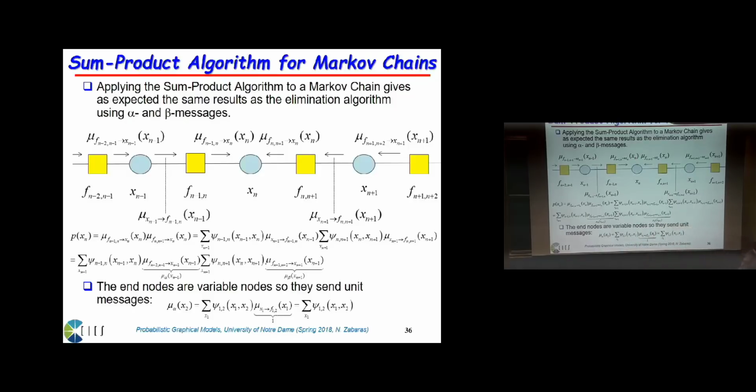And let's say the only thing we prescribe is the dynamics of the chain. We say basically, what's the probability of x_n given x_{n-1}? This is Markovian. What's the probability of x_{n+1} given x_n? And now what I'm going to do is I want to basically pose this elimination algorithm, the SumProduct algorithm, as SumProduct algorithm in a factor graph.